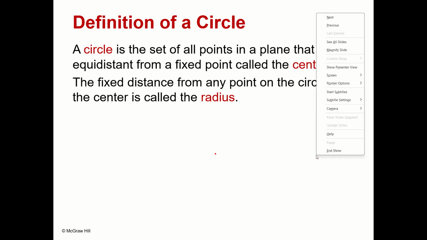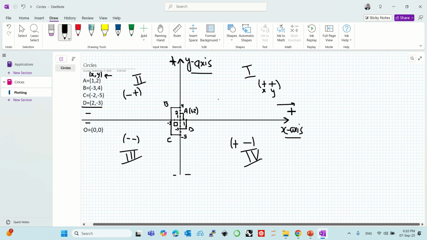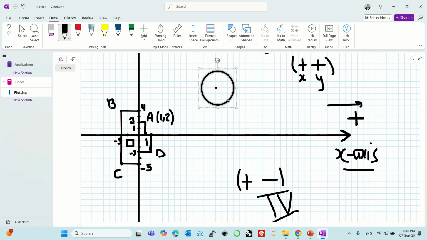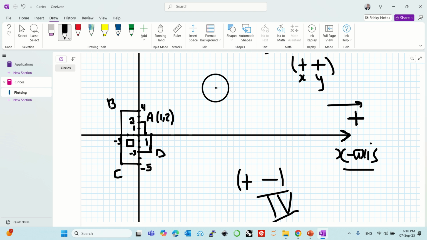Let's plot it here. So we have a center and a circle. This is the center of the circle, and we have something that is called the radius, which goes from the center to the circle.